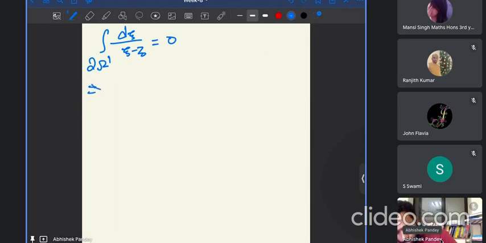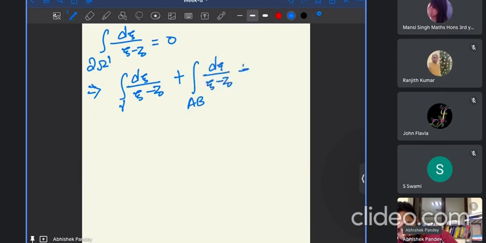What does it mean? It means that over gamma will go, and then the integral of psi d xi upon xi minus z naught, plus this will be.